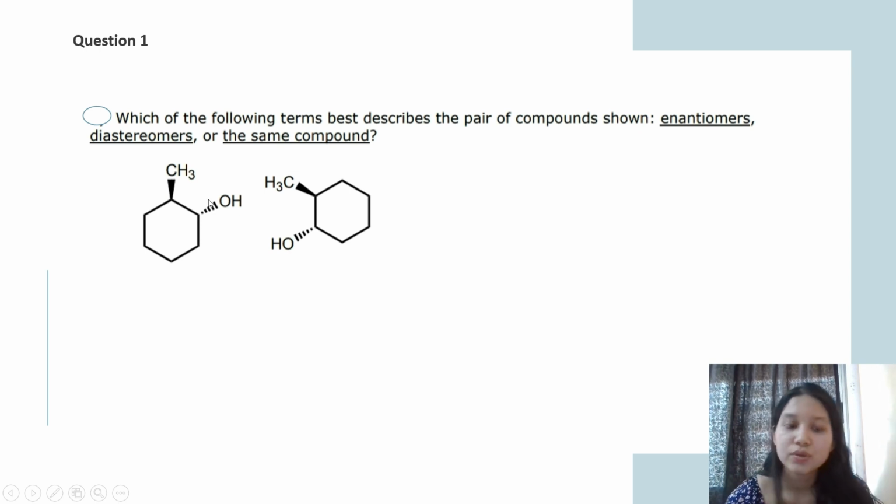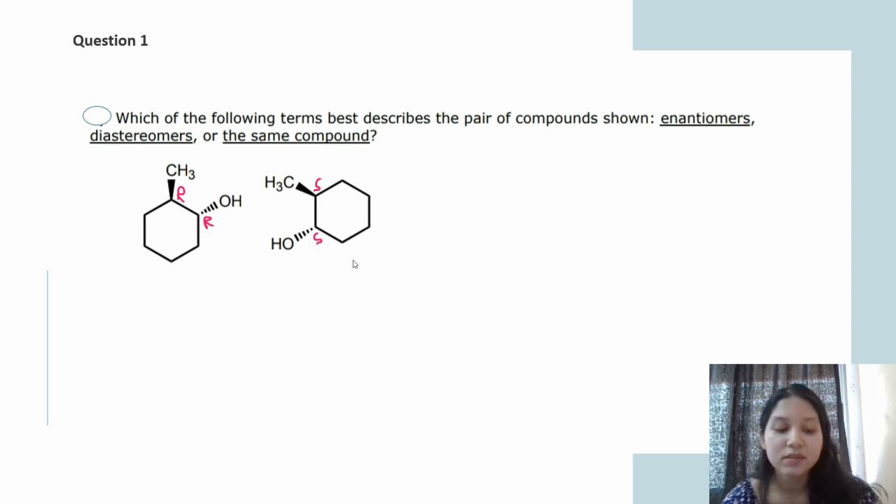Okay. So now we have assigned stereochemistry to both the stereogenic centers in the first molecule, R and R. So now you have to assign the stereochemistry to the stereogenic centers present in the second molecule, just like we did in the first molecule case.